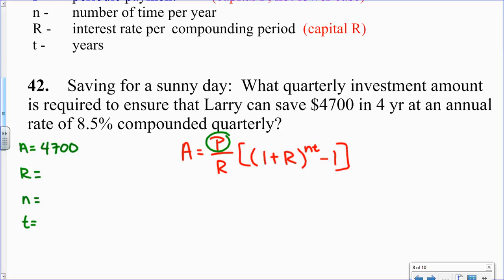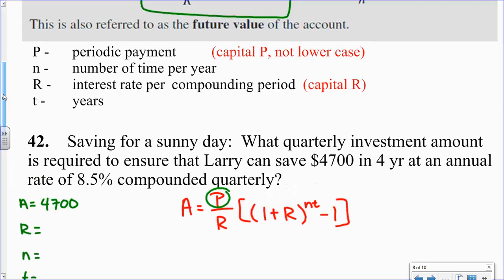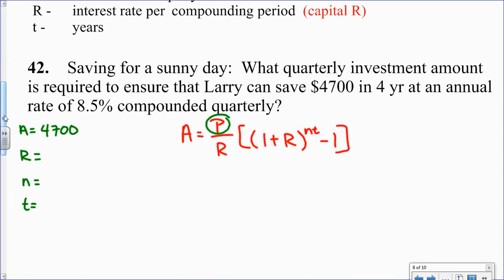Okay, good. R, so remember R is defined as your rate over N. So my rate would be 0.085, and then compounded quarterly, N would be 4. So go ahead and divide those.